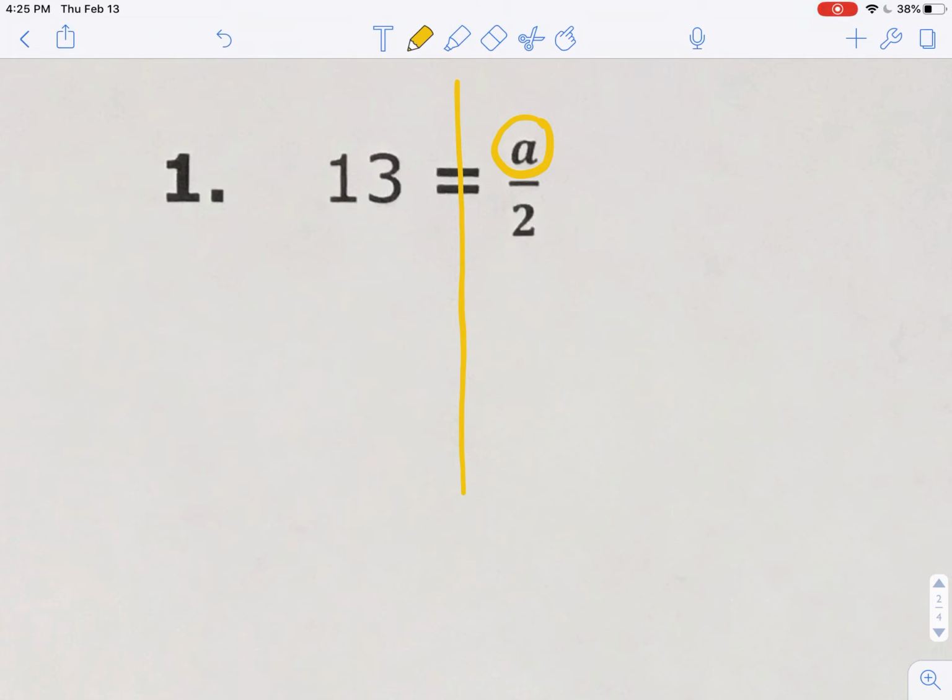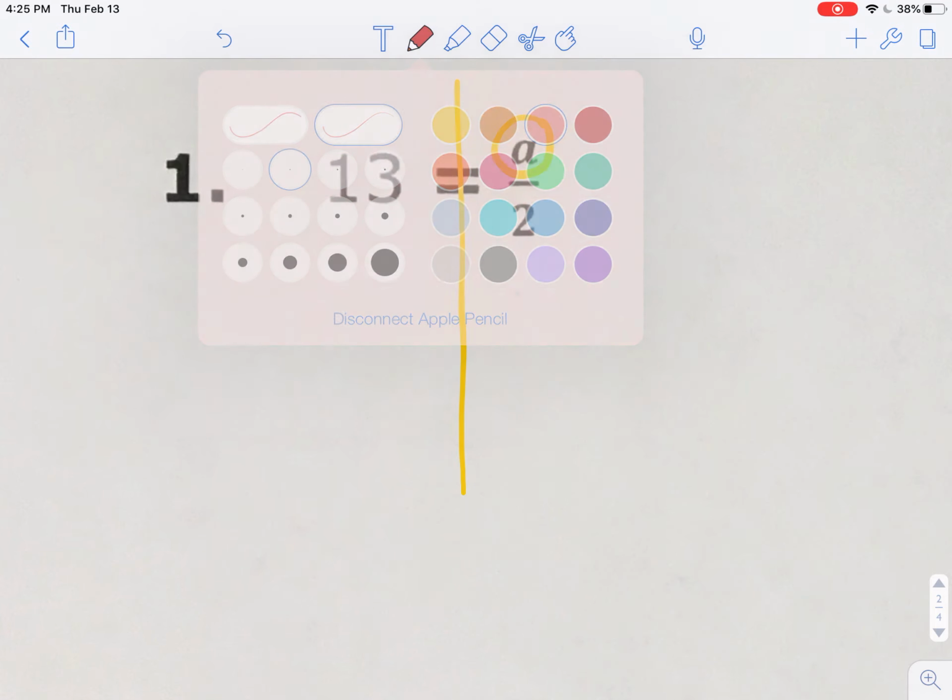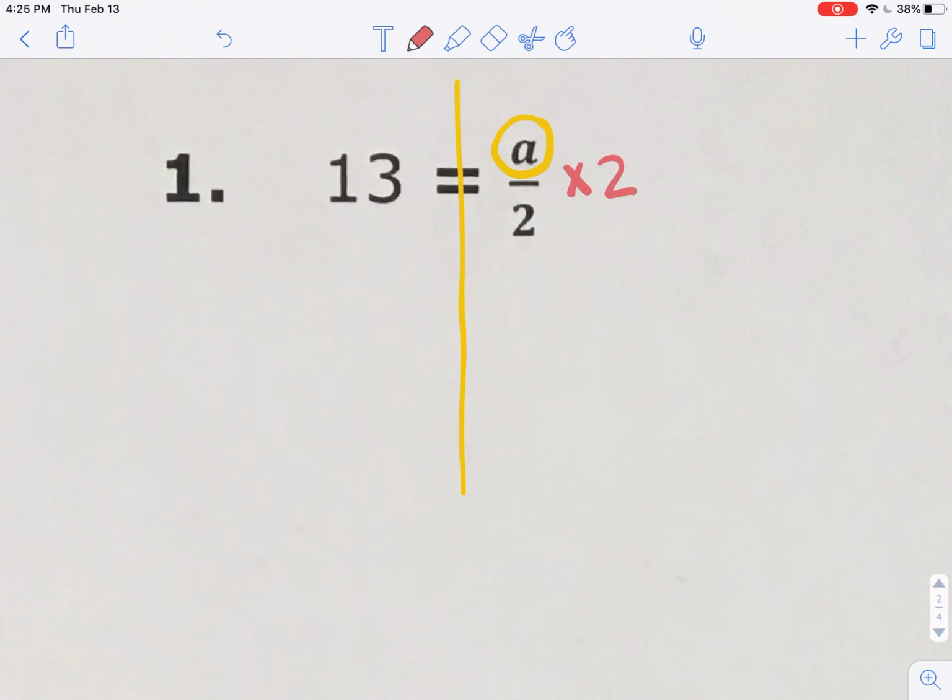The variable, this one is saying, it's a, and he's saying, I want to be all by myself. 2, go away. Well, how do we get a dividing by 2 to go away so the a can be by itself? We're going to do the opposite or inverse operation. And we're going to say multiply by 2. Multiply by 2.